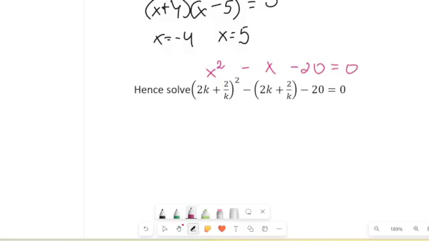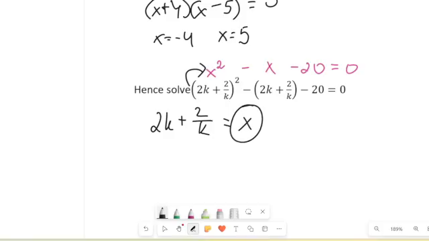So what you need to see here, you have to spot the difference or what was the same or what has changed. Okay, and you can see that with my new equation, 2k plus 2 over k is my x from the previous, from the old one. Okay, so if I found the solutions for my first equation, let's use it to find my k.